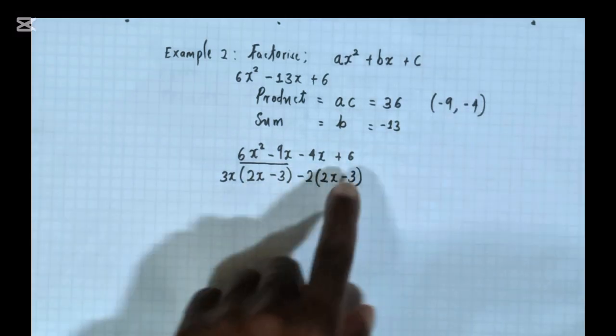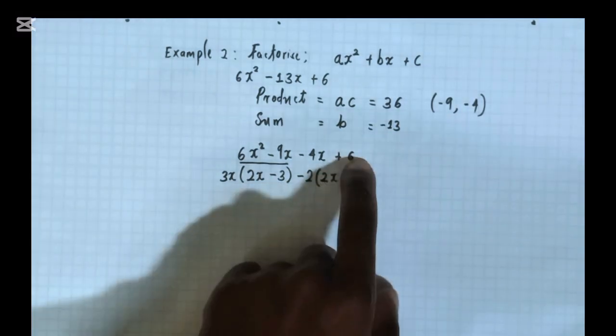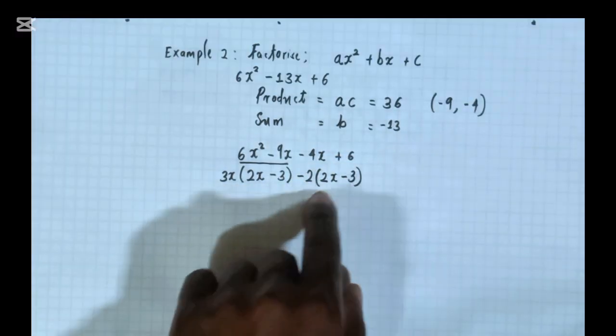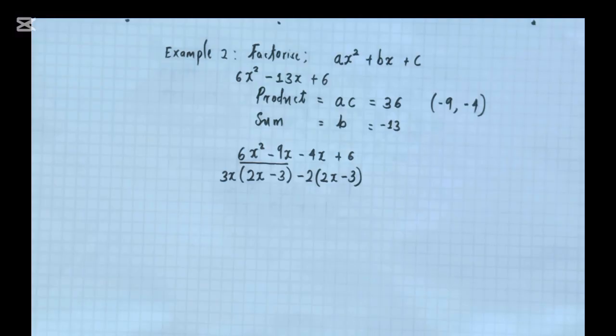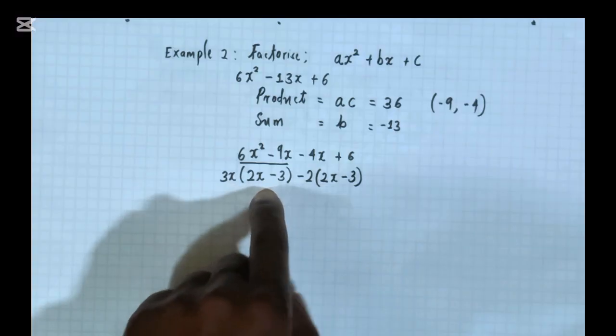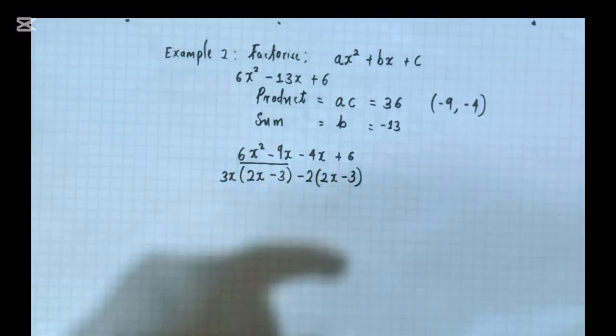A positive number divided by a negative number is always going to give you a negative. So it is 6 divided by 2 giving you negative 3 in that particular case. Now note that the terms in the brackets are identical.